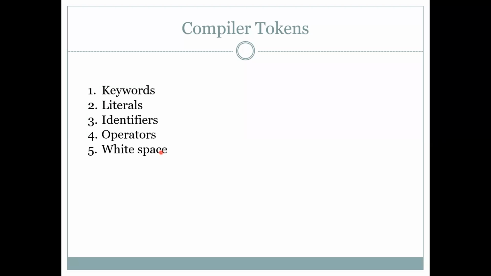So what are comments? Comments are explained later on in this chapter. Okay, so we will learn at that time. And to make the program readable, a C++ compiler takes each token to be the longest sequence of characters that can be used to form the token.